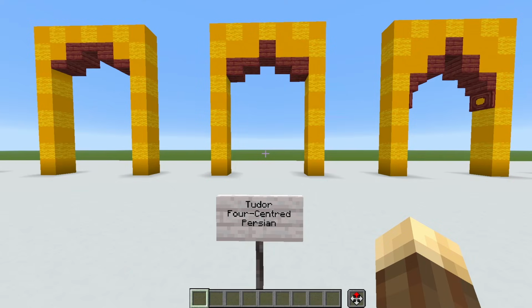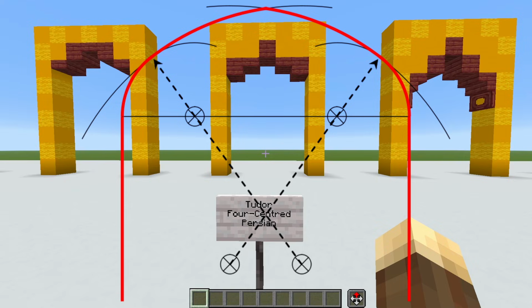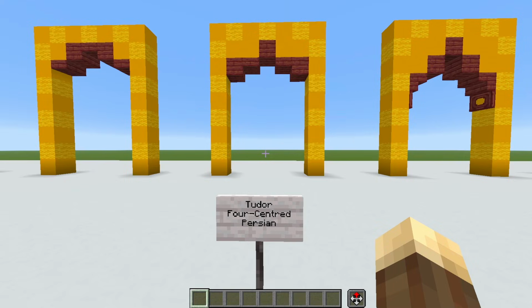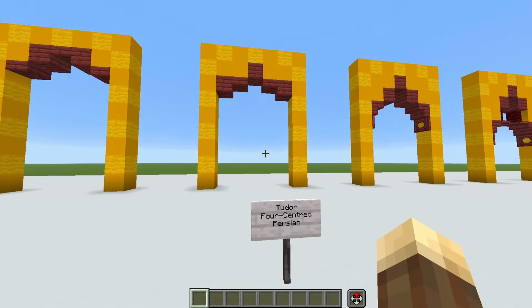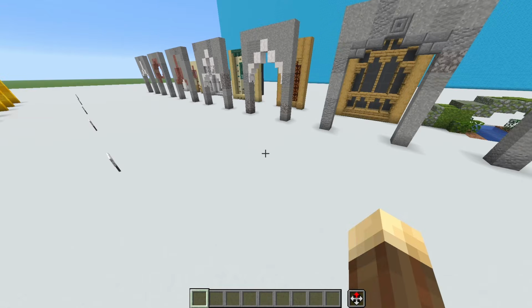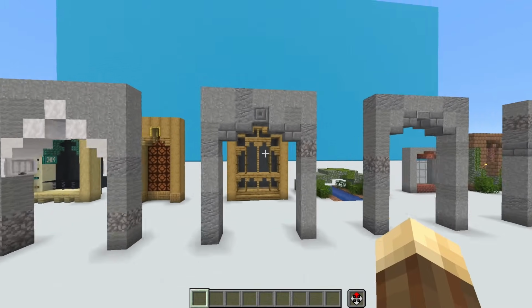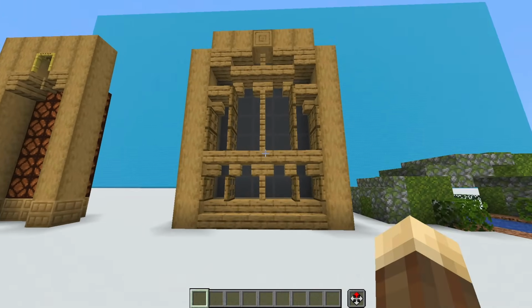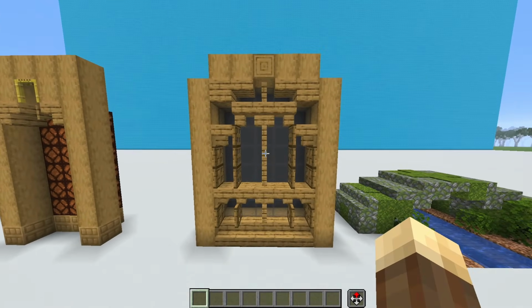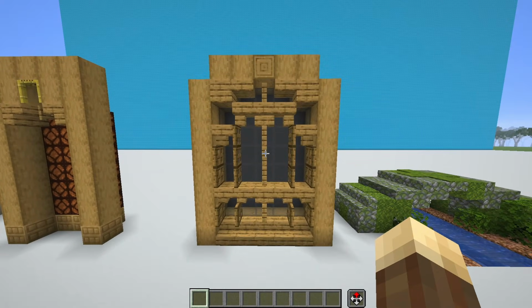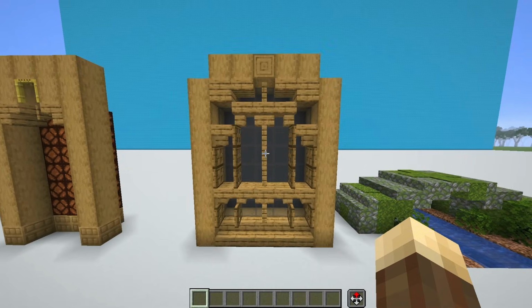So again, these are where the circles are. And it is going to look a lot like a three-centered arch, except that it has a little piece that sticks out in the middle. Here, I've tried to go for a big Tudor window. You can imagine if you're making a big Tudor-style mansion or government building, you might want to go for a window sort of like this.